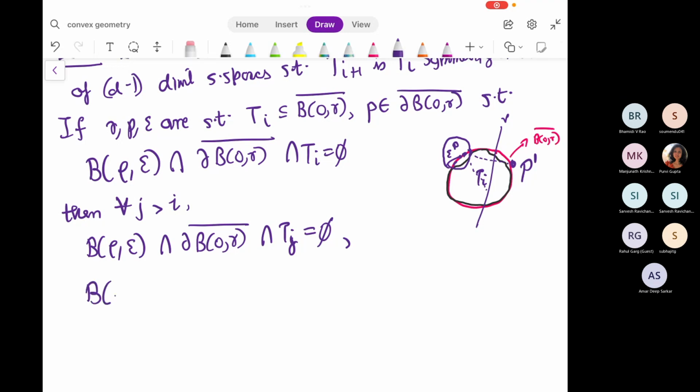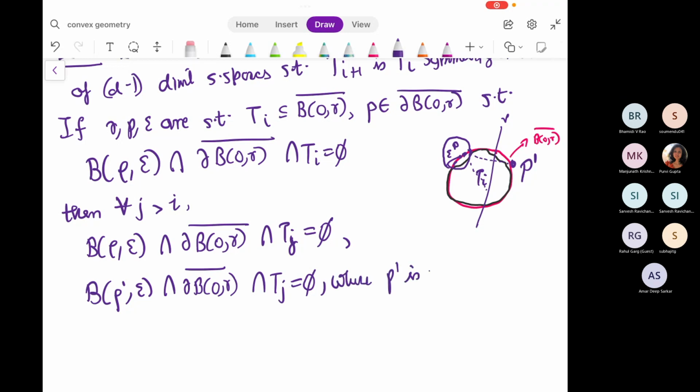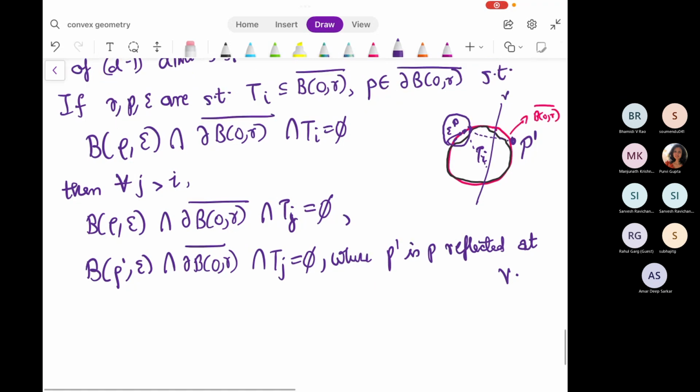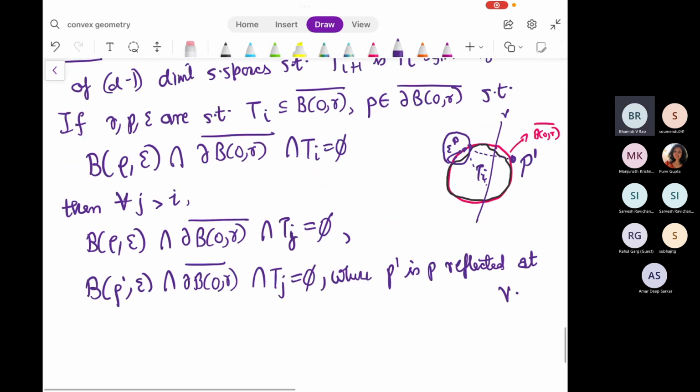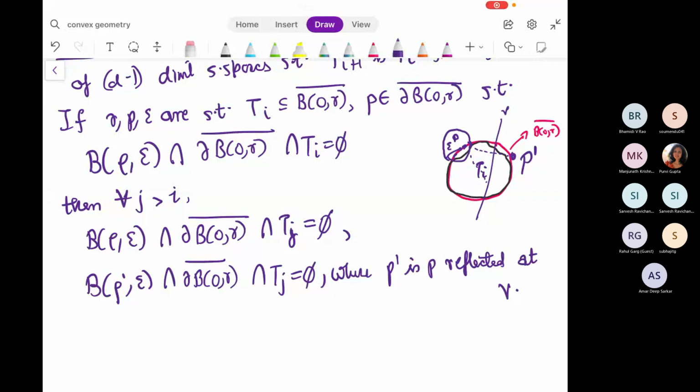So the ball of radius epsilon around P prime intersected with T_j is empty, where P prime is P reflected at V_i. So I'll give a visual proof of this.